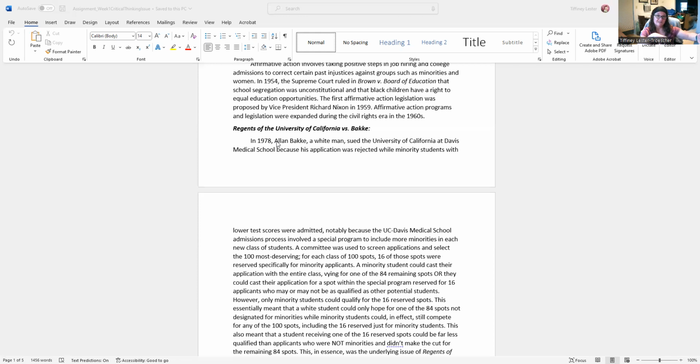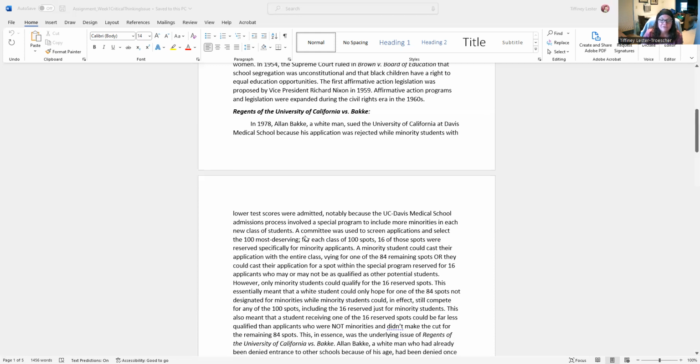Minority students could go for a 1 in 16 shot or a 1 in 100 shot. They could go either way. So this essentially meant that a white student could only hope for 1 out of the 84 spots not designated for minorities, but the minorities could compete for any of the spots.